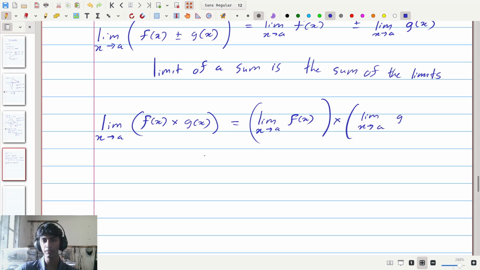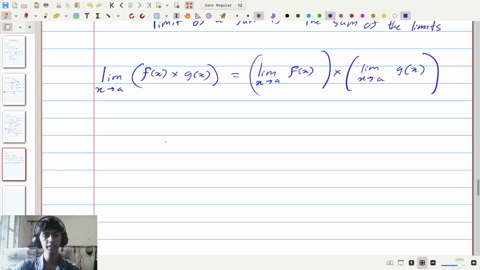Again, for this we need all of these limits to be proper limits and valid, because otherwise we would potentially have some limits that are valid but some that are invalid. So all of these need to have the red limit and the blue limit agreeing with each other, being a finite value, all of that. Given all of that, the limit of a product is the product of the limits.